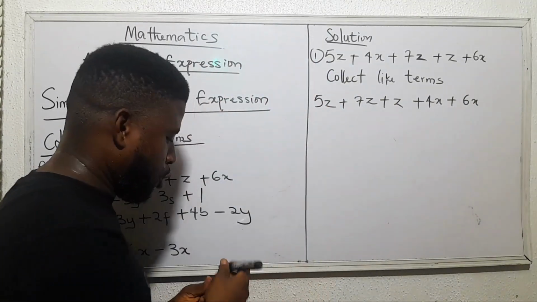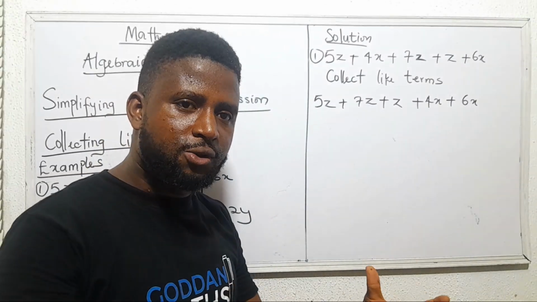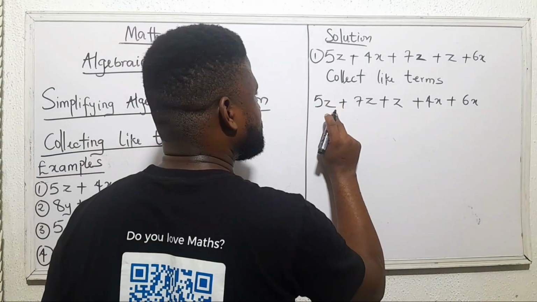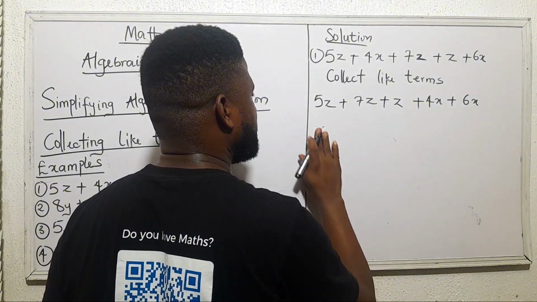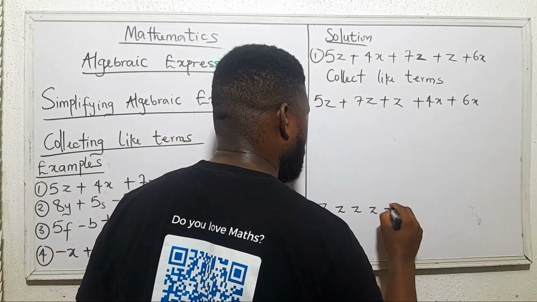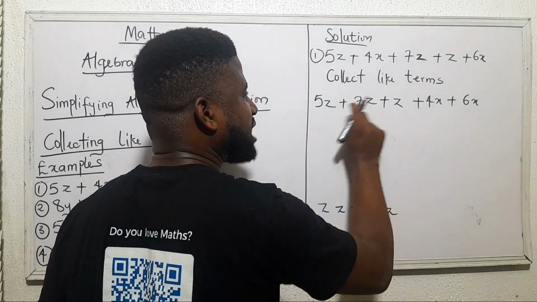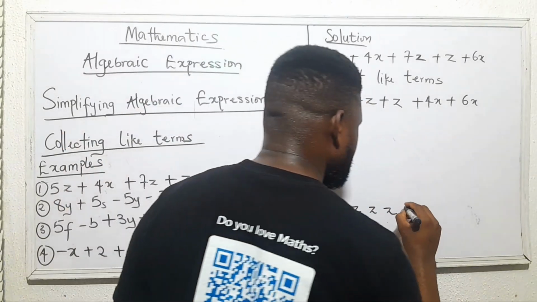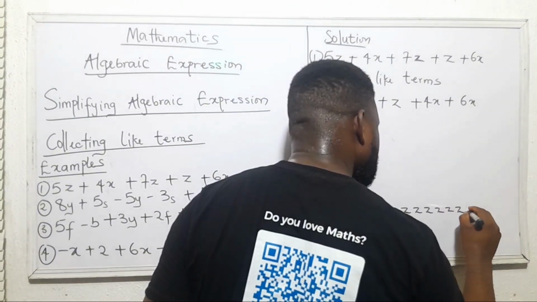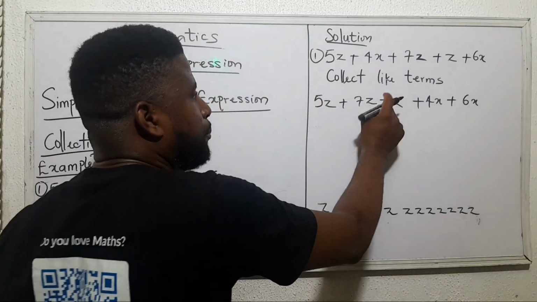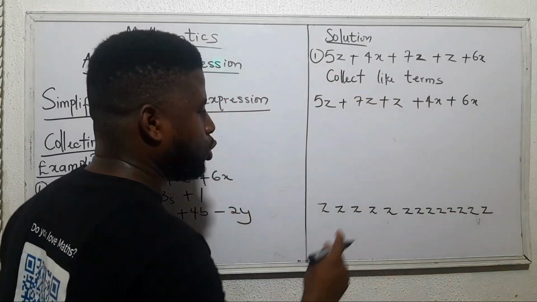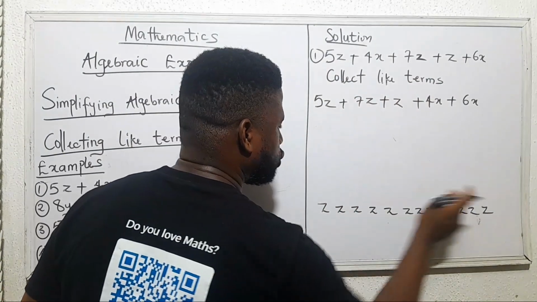Now, of course, when you see plus, it means you have it, right? So I have 5z's, 1, 2, 3, 4, 5, plus 7z, which means I have 1, 2, 3, 4, 5, 6, 7. Then plus 1z, which means I have 1z. So how many z's do I have in total?